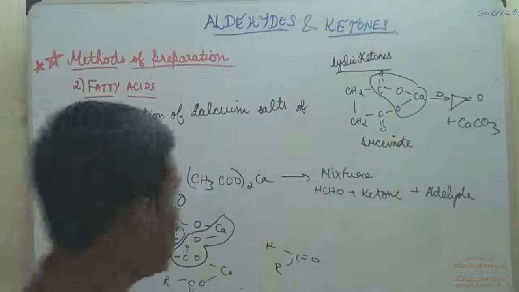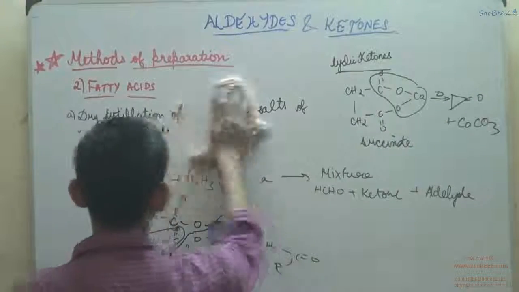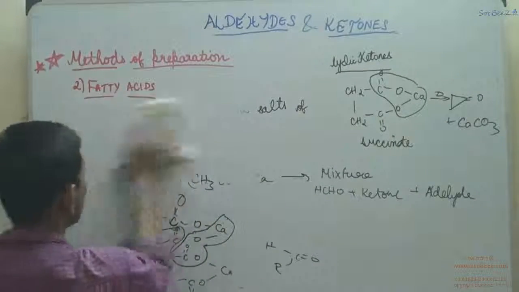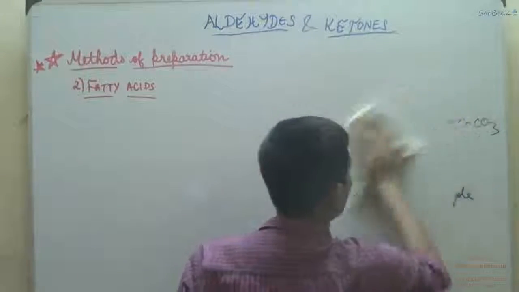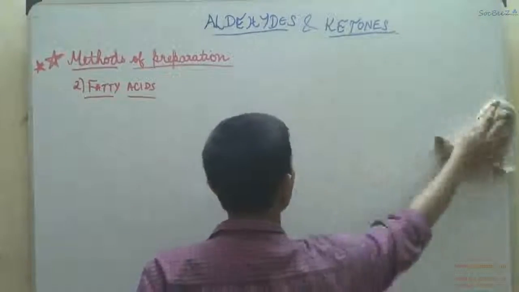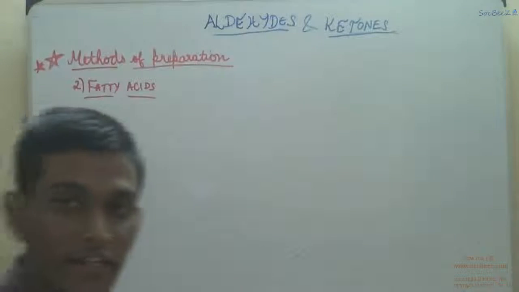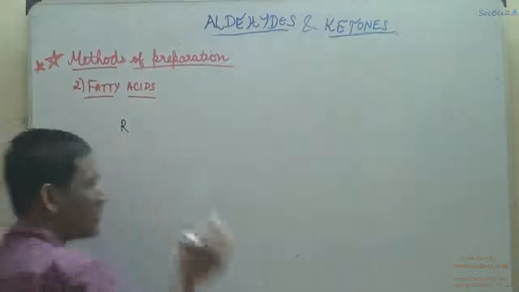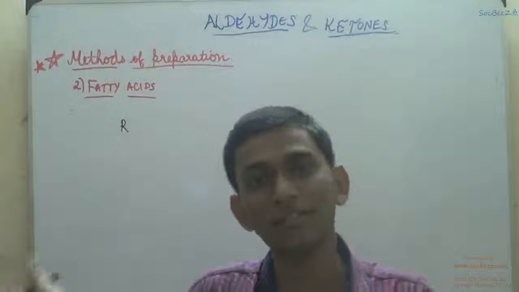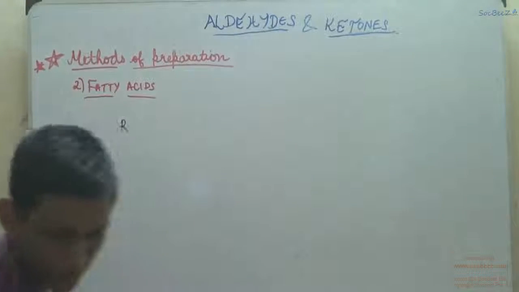Next method, again from fatty acids, is catalytic decomposition of the fatty acids. It's similar, they're using calcium salts, here you just use the fatty acids and you get aldehydes and ketones.